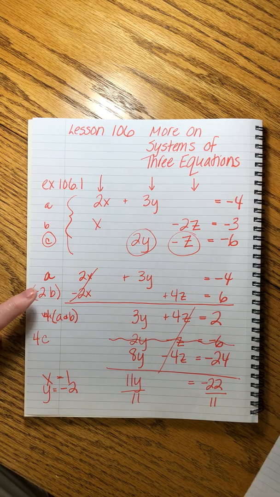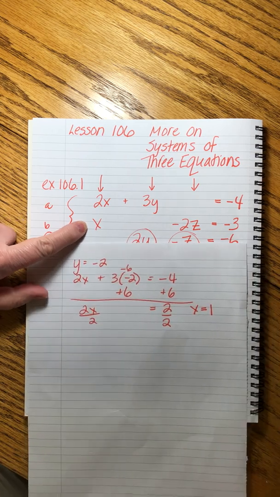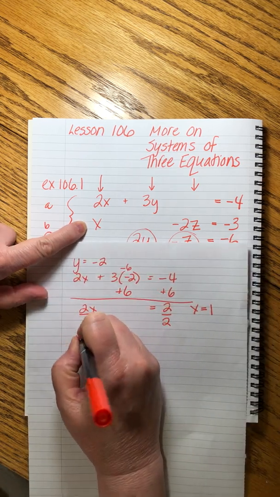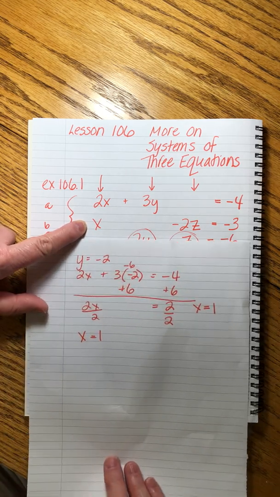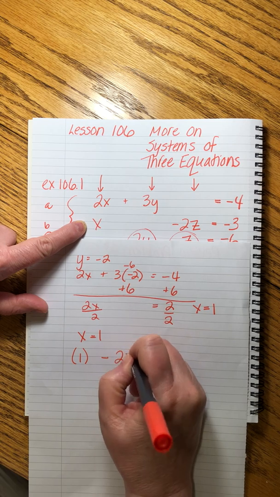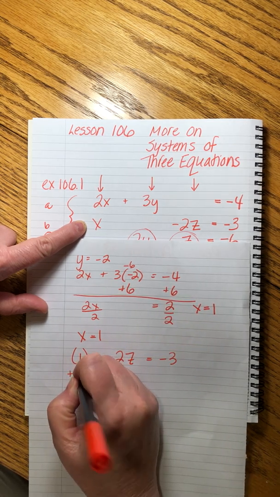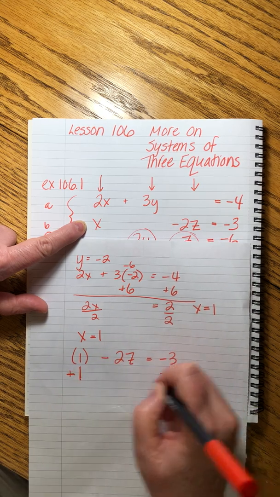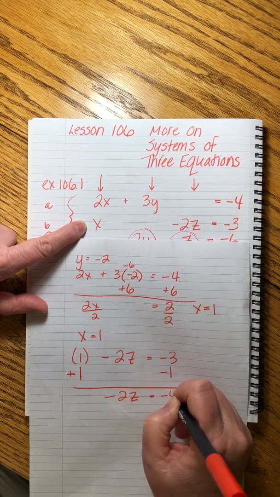And then we need to solve for z. I'll choose this one. X, which is equal to 1. So that will be 1 minus 2z equals minus 3. So I will subtract 1. Minus 2z equals minus 4.